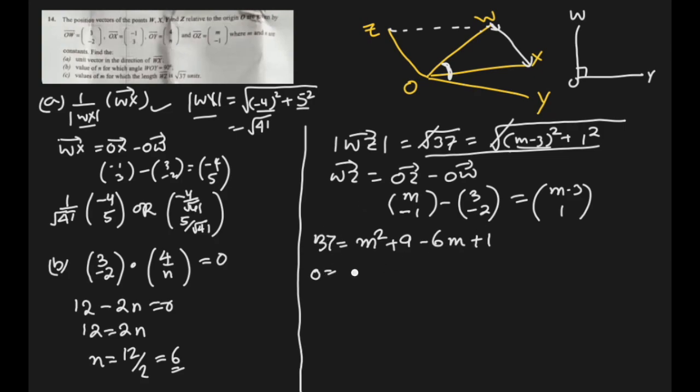Let me bring 37 to the other side. m square minus 6m, 9 plus 1 is 10, and this 37 will come to the other side, 10 minus 37, negative 27, and now we can just factor this to get answer. So m square minus 9 and 3.